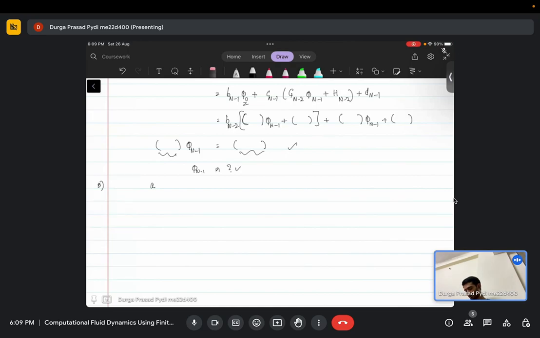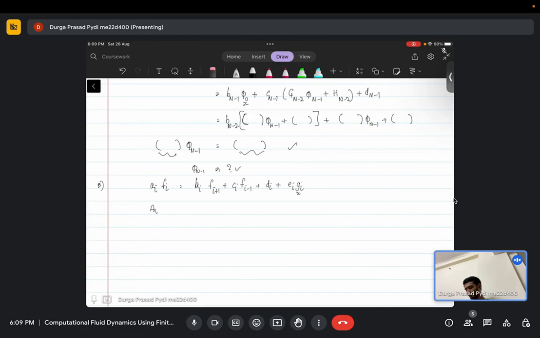So you have something like ai Fi, this is the normal TDMA, equals bi times Fi plus 1, plus ci times Fi minus 1 plus di, and in addition to this you will have another equation for Gi.